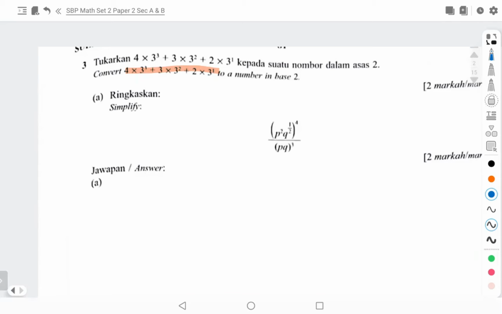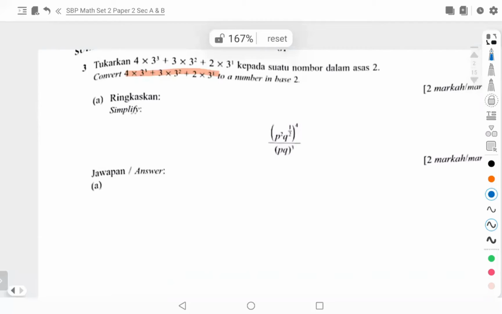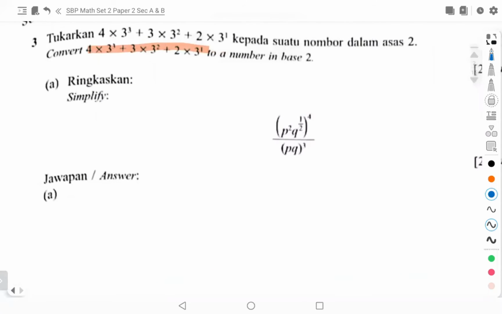You just key in only. Then it wants us to convert to base 2. Yes, converting later. Once you get the value first, then only we proceed to convert to base 2. So what's the value?